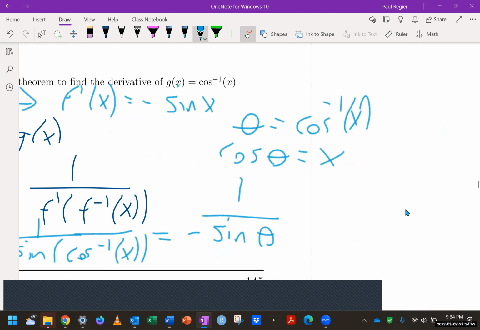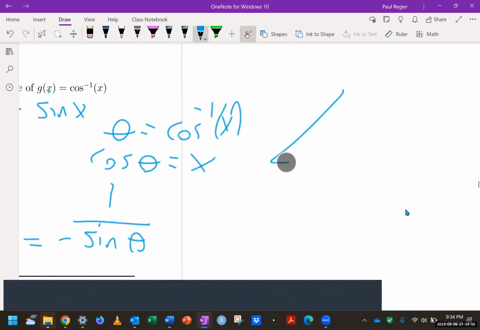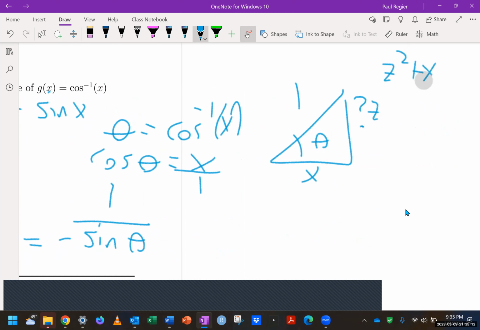So what this means here is that we have a triangle, theta, cosine is adjacent over hypotenuse. So I can just make there be a 1 on the bottom, and this tells me I can now find this side. It would be whatever that is, z squared plus x squared equals 1. So z is the square root of 1 minus x squared. Yes, that's what my z is.